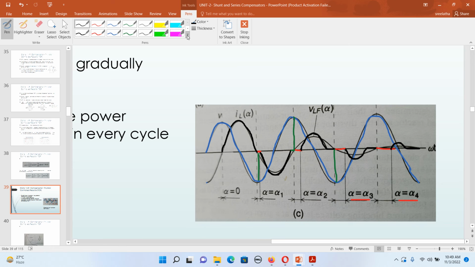If you see, it is very less. So this voltage across V_LF, sorry, was previously following the same, but however this one is also decreasing.